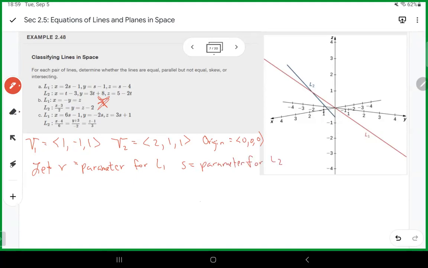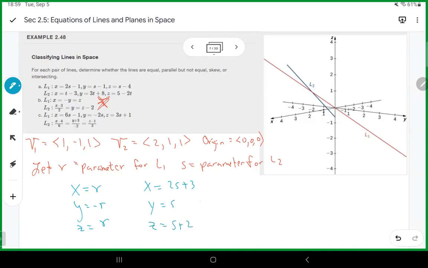Okay. So that being said, we then would have X equals R, Y equals -R, and Z equals R. And then we would have X equals 2S plus 3. We would have Y equals S and Z equals S plus 2.